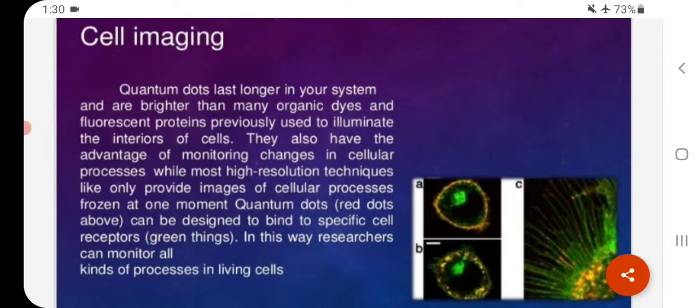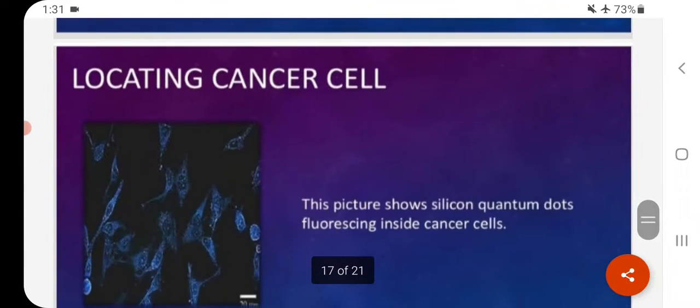They also have the advantage of monitoring changes in cellular processes, while most high resolution techniques only provide images of cellular processes frozen at one moment. Quantum dots can be designed to bind to specific cell receptors. In this way, researchers can monitor all kinds of processes in living cells.